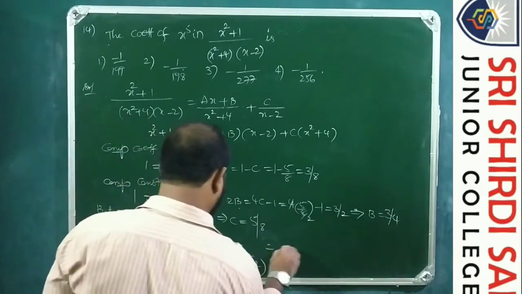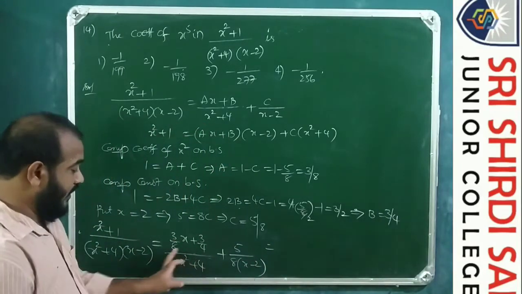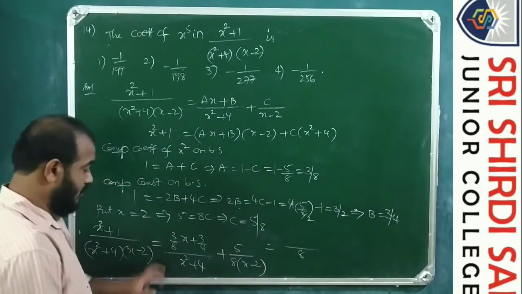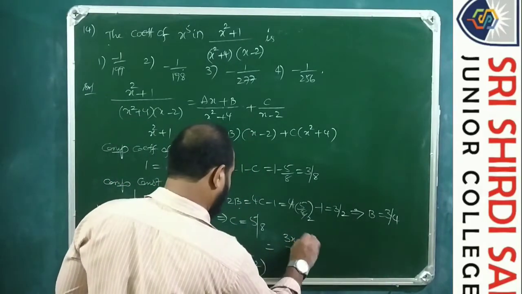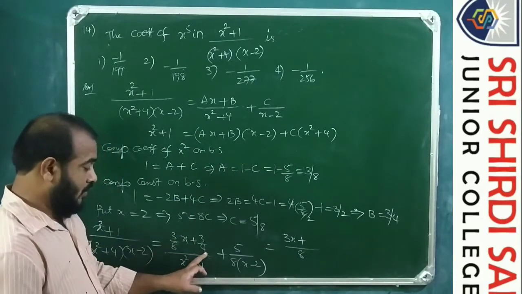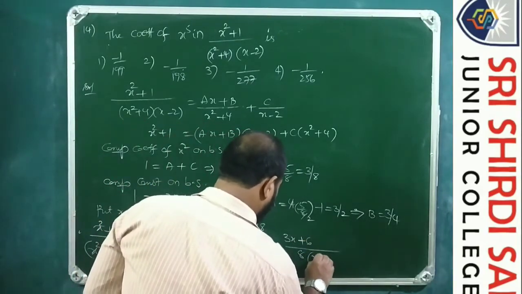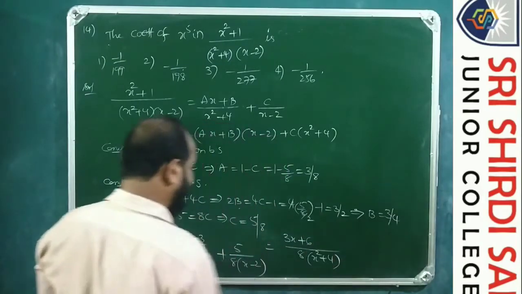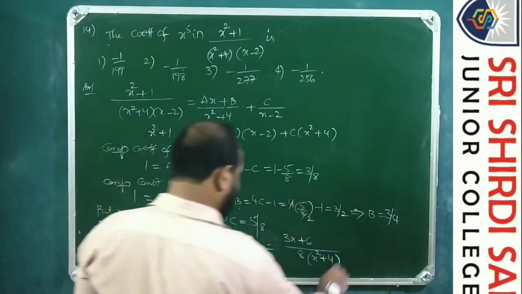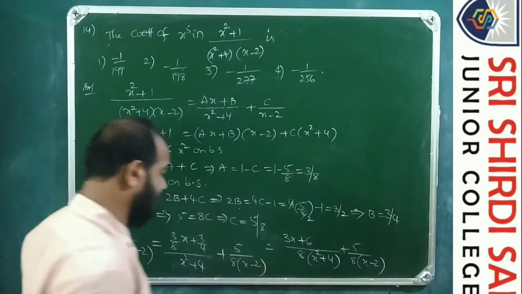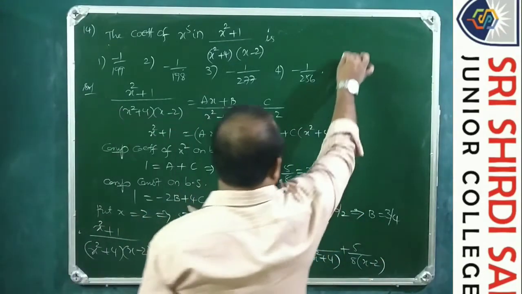So this is equals to, 4, 8 LCM is 8, so (3x plus 6) by 8 into (x square plus 4), plus 5 by 8 into (x minus 2).